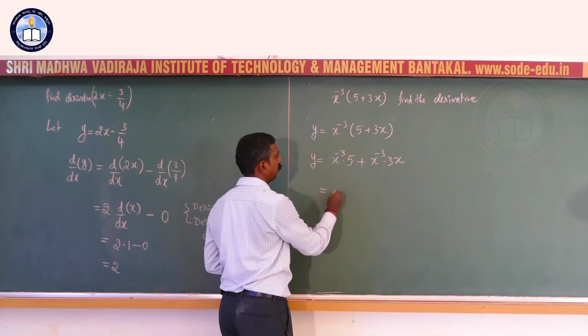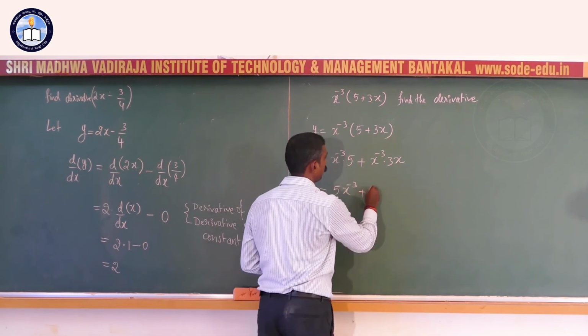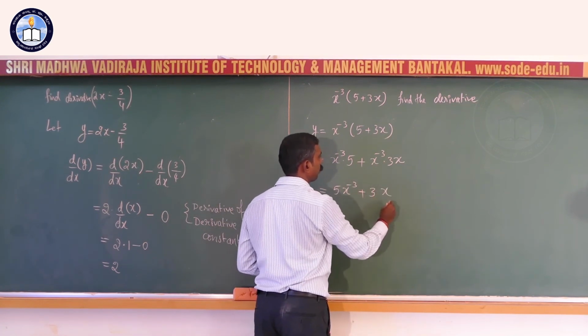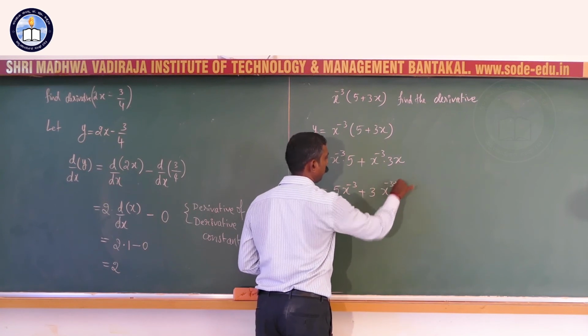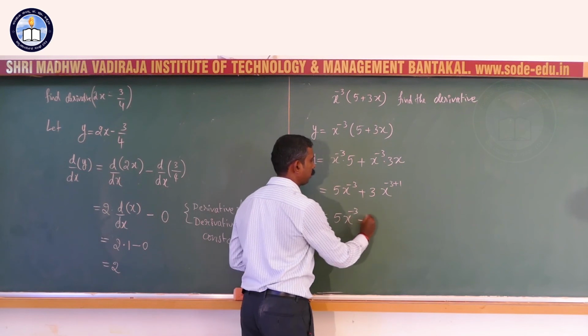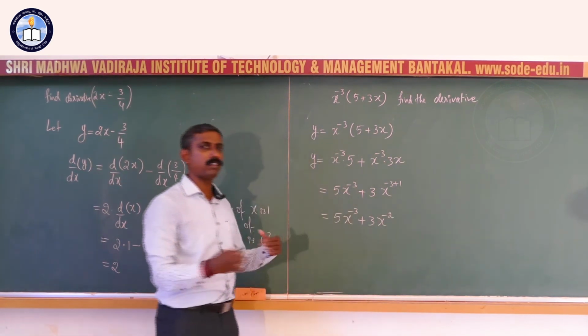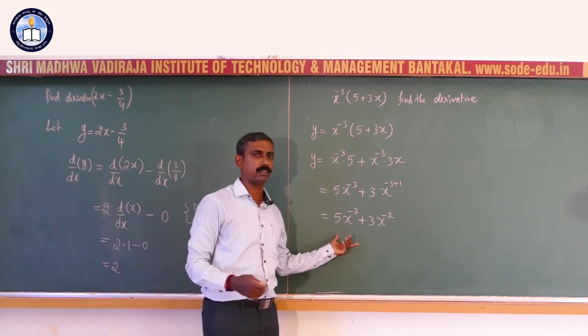So, this can be written as 5 into x power minus 3 plus 3 into x power minus 3 plus 1. So, this is 5 into x power minus 3 plus 3 into x power minus 2. So, everything has been written in the standard form.